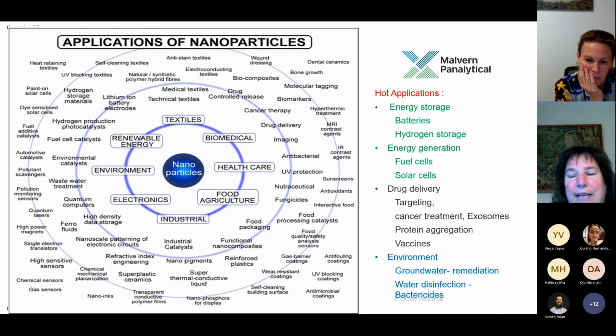Of course, aggregates in a vaccine would not be good. So it's really critical to use dynamic light scattering when you develop vaccines, as well as Zeta potential for improving the stability, as well as the pain threshold during the injection. So it's amazing how many different application areas.